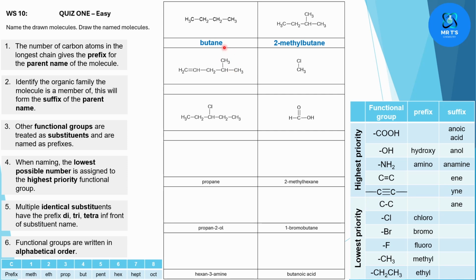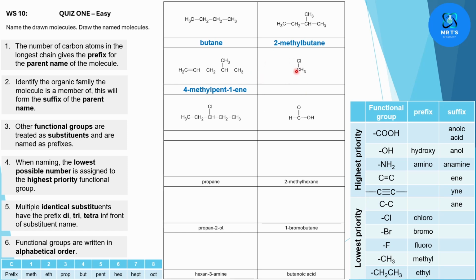And then we also recognize that there is a substituent coming off here, a methyl group. If we started numbering at 1 at the pentene, and the pentene is a higher priority than the methyl group, the methyl will be coming off the 4th carbon. So this is now going to be called 4-methylpent-1-ene.